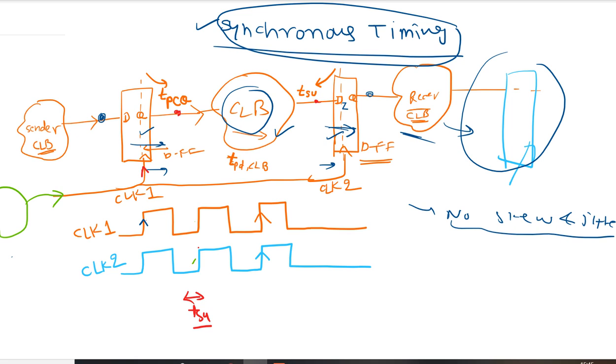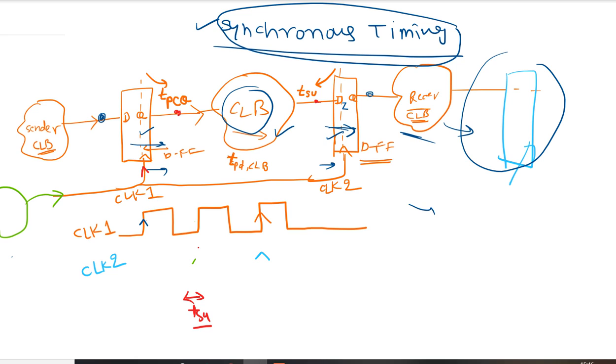For simplicity we are avoiding these timing uncertainties. We also call them timing noise. For the sake of simplicity we are taking ideal clocks. That means from clock 1 to clock 2 there is no delay. These paths are ideal. So clock 1 and clock 2 are at the same frequency and there is no skew between clock 1 and clock 2.